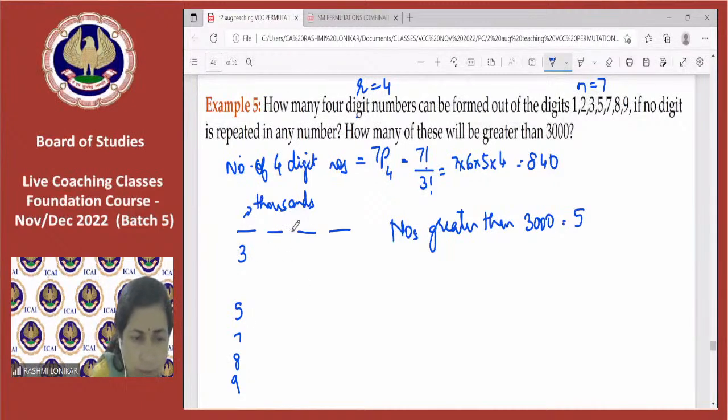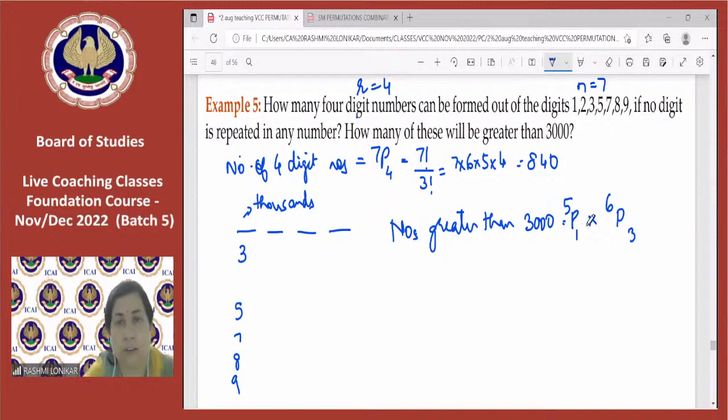What are the remaining? 3 places are there. Okay. So, I've already used 1, so what do I have? I will have 6p3. Okay. 6p3. How did this 5 come? Because how many numbers are there? 5 numbers. 5p1. Out of 5, how many I am selecting?